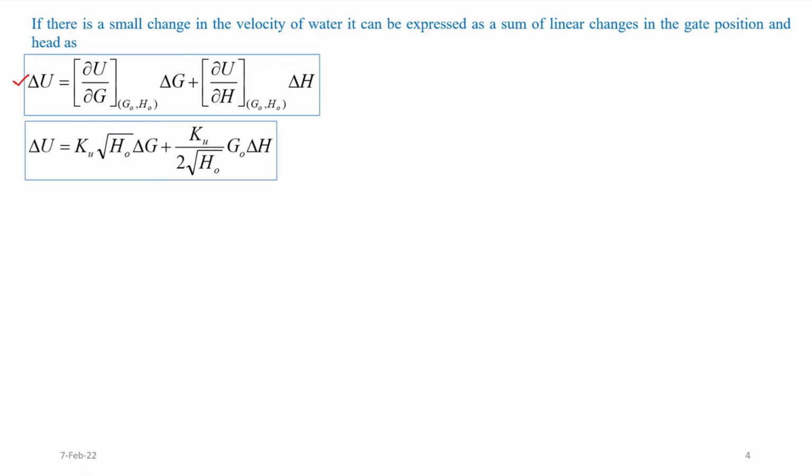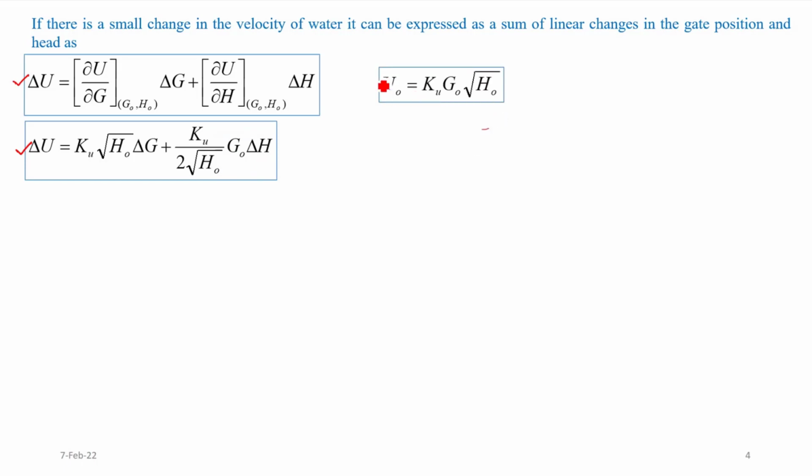G naught and H naught are the initial, or base values, or equilibrium operating points, right? Then I can write delta U just by taking the partial derivative of this expression. I will find Ku square root H naught delta G plus Ku G naught divided by 2 square root H naught, delta H.